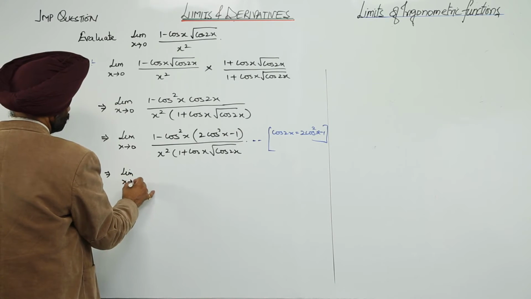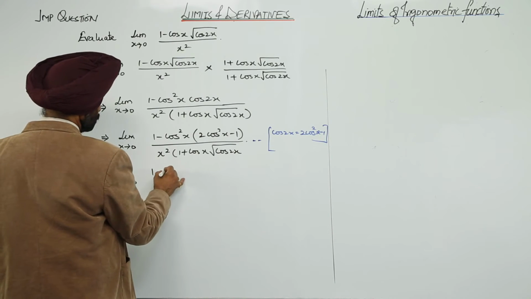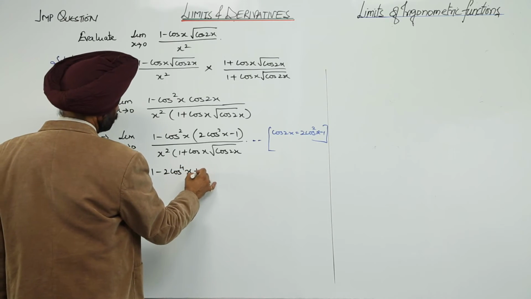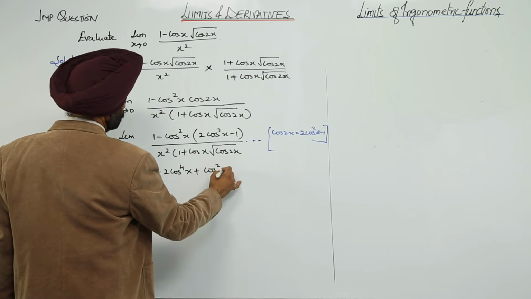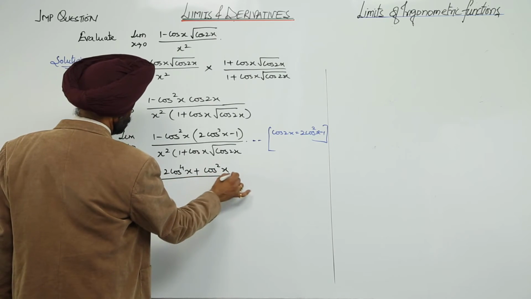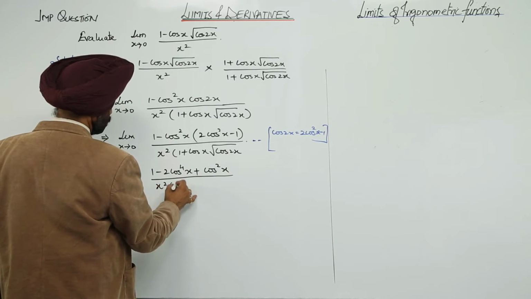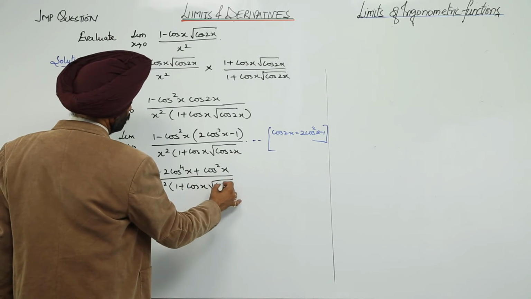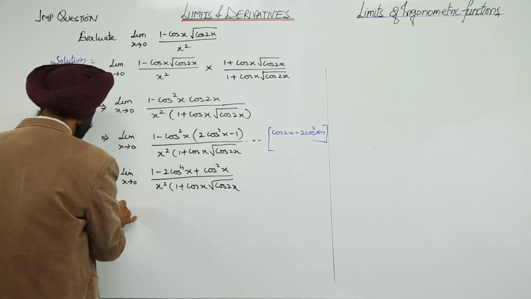Limit x approaches to 0, 1 minus 2 cos raised to power 4 x plus cos square x upon x square 1 plus cos x square root of cos 2x.